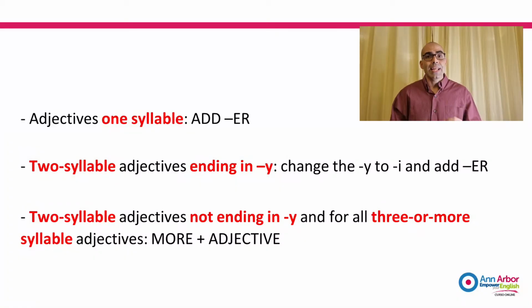For adjectives that are just one syllable, we add ER to the end. For two-syllable adjectives ending in Y, we have to change the Y to I and add ER. For two-syllable adjectives not ending in Y, and for all three or more syllable adjectives, we have to use the form more plus adjective.